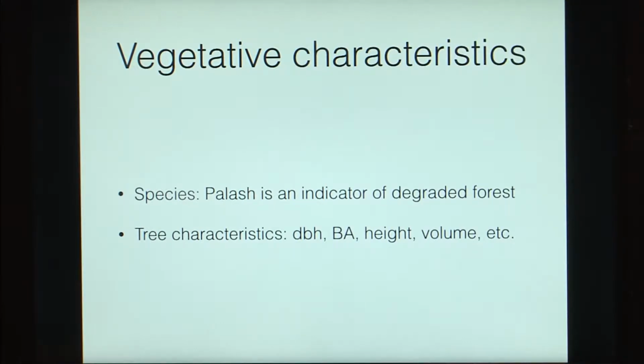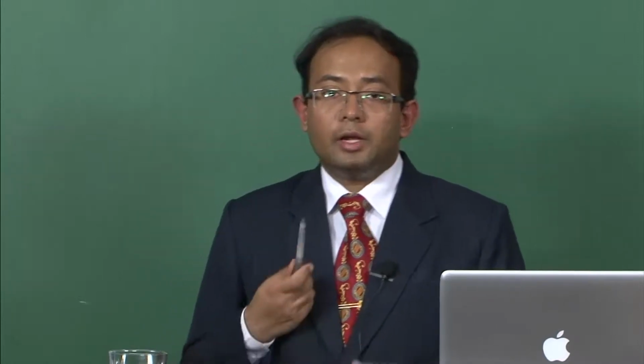If you have a very lush green forest, you might not see a very large number of palash trees, but if your forest is in a very degraded area, it is not having good amounts of fertility, the growth is very difficult, or say it is experiencing huge amount of grazing or biotic pressure, you might be seeing a number of palash trees in that area.